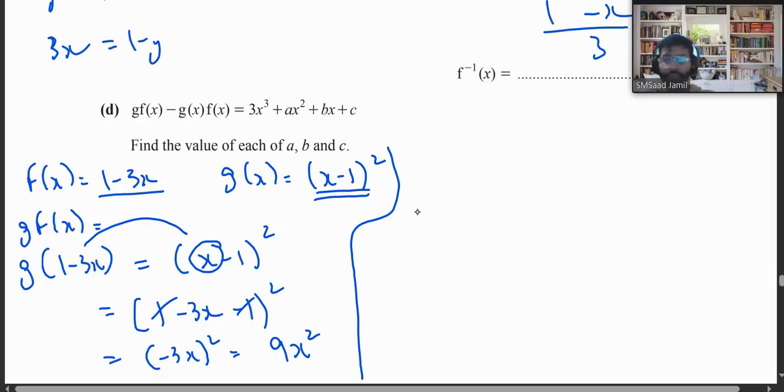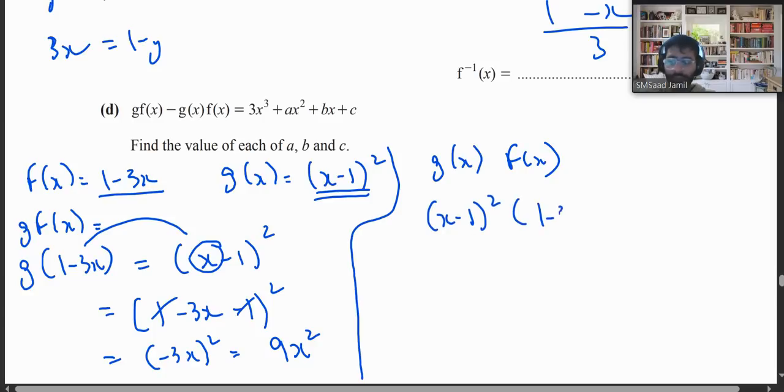Now I have to do g(x) multiplied by f(x). g(x) is (x minus 1) whole square, multiply it with f(x). f(x) is 1 minus 3x. Let me just square this thing. This becomes (x square minus 2x plus 1) multiplied by (1 minus 3x). Let me expand this now.